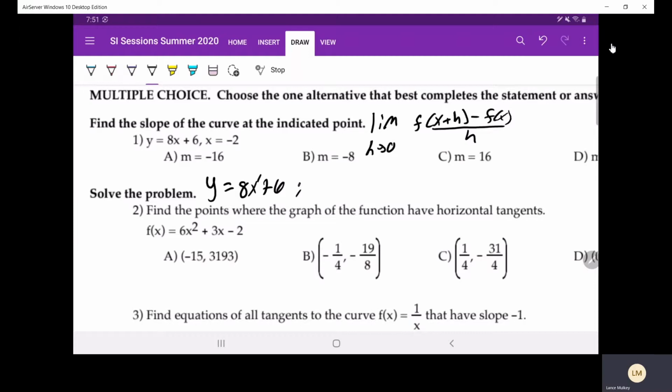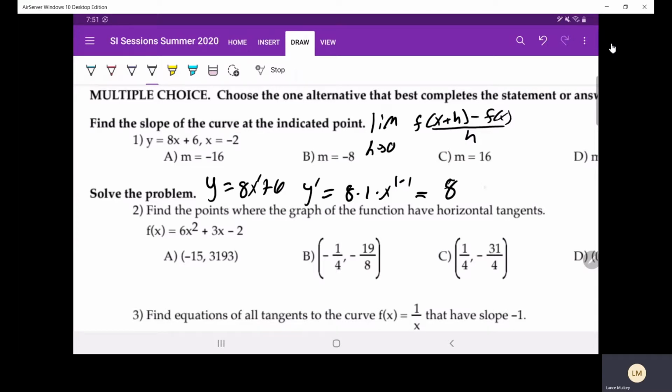Y prime would equal 8 times 1 times x to the 1 minus 1, plus 6x to the 0. Actually, not even 6, because the derivative of a constant is always 0, so it would equal 8.